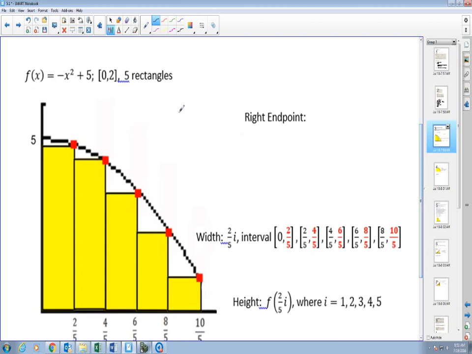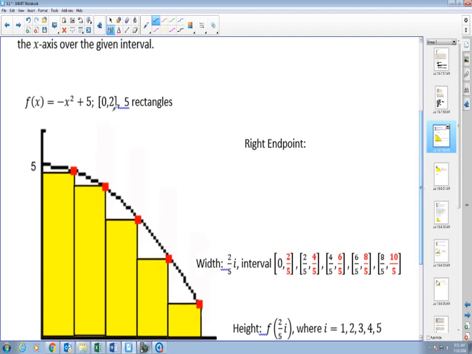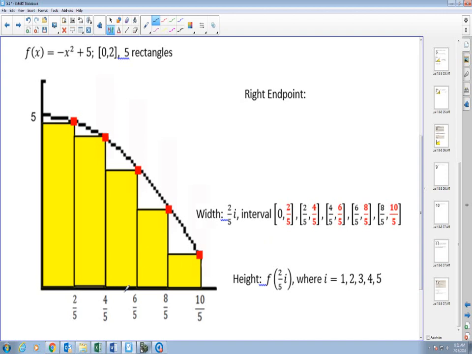Okay, so my function is negative x squared plus 5. I only want to look at it over the interval from 0 to 2. I already set my window from 0 to 2. I want to use 5 rectangles with equal width, just for the convenience of my calculation.